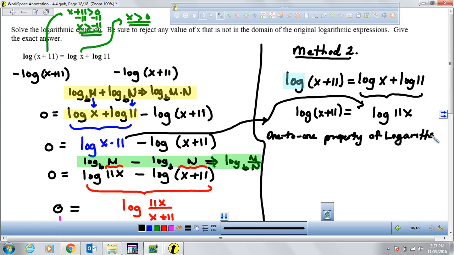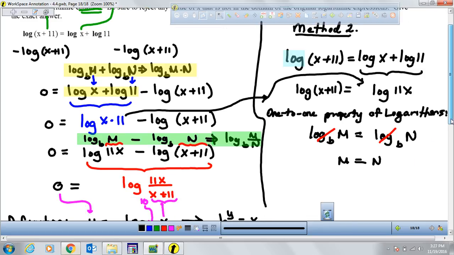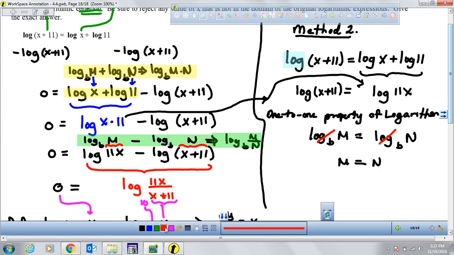And it tells you the following: if you have the log of some base of m, equals the log of some base, the same base on both sides, of some n, then you can cancel out the logs right here and set m equals n. That's another property that you can use here. That only works, of course, when you have logs on both sides.